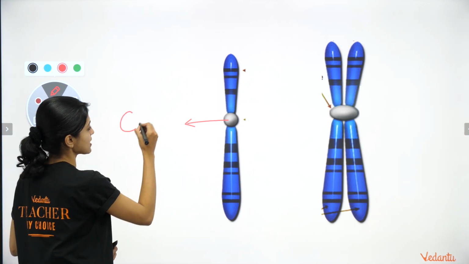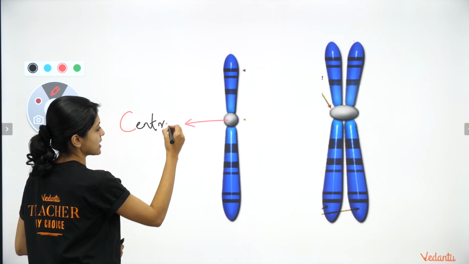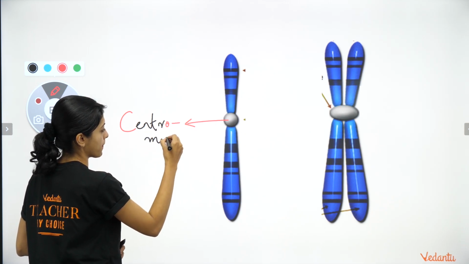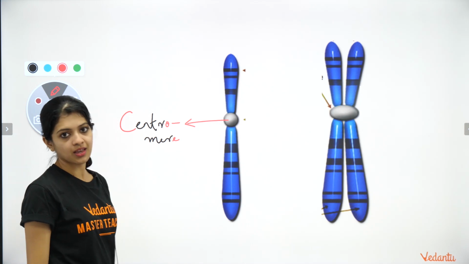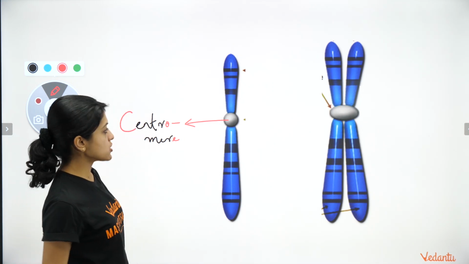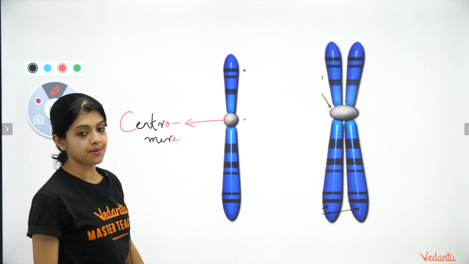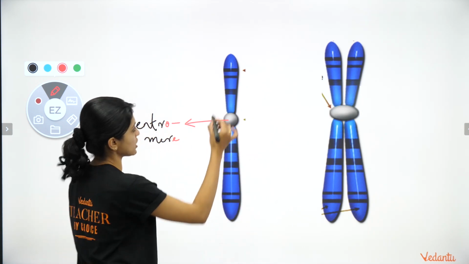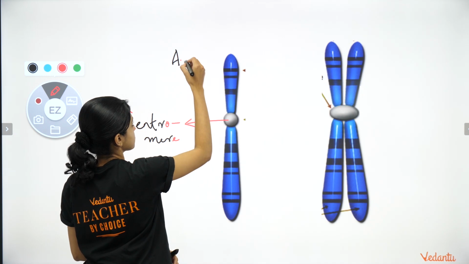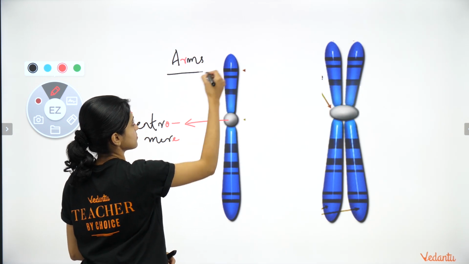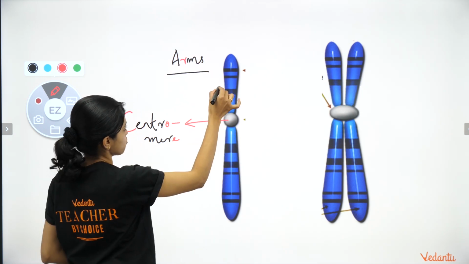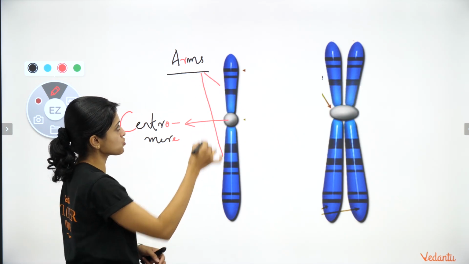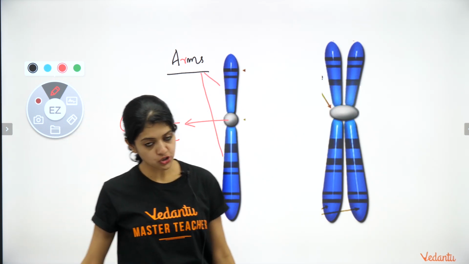It is called the centromere. Okay, it's called the centromere. And what are these? They are nothing but the arms of a chromosome. They are just called arms. These two, the two parts that you see on either side of the centromere.